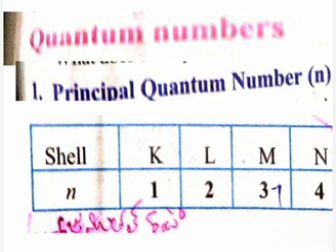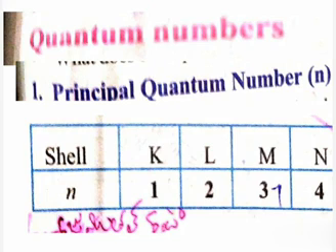As n increases, the shells become larger and electrons in those shells are farther from the nucleus.